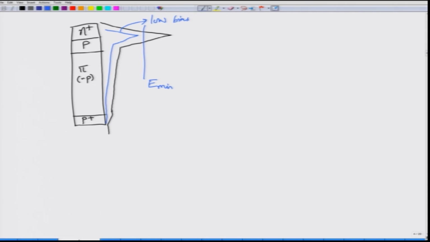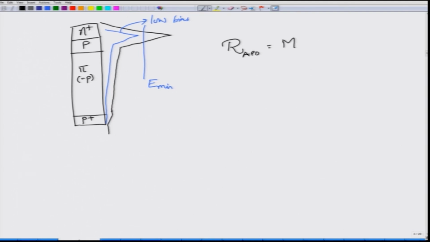Okay. To release secondary EHPs by impact ionization, you have to kick them very hard, and that can happen only when the electric field is of sufficient value such that there is enough energy to kick them and then generate the secondary EHPs. Because this generates secondary EHPs, the responsivity of an APD is multiplied by a factor called M.